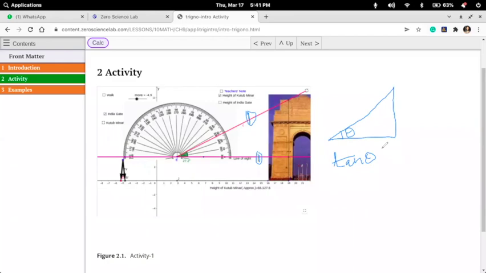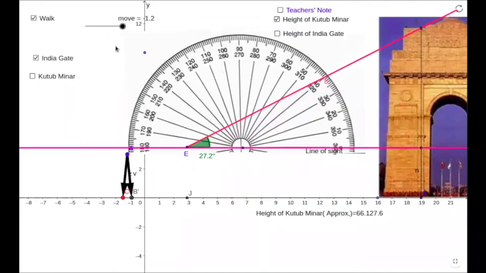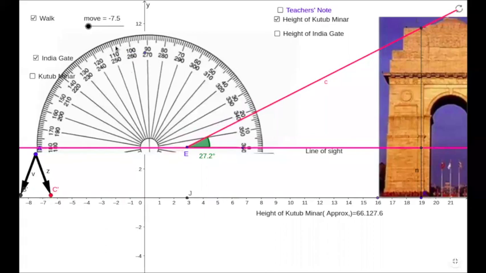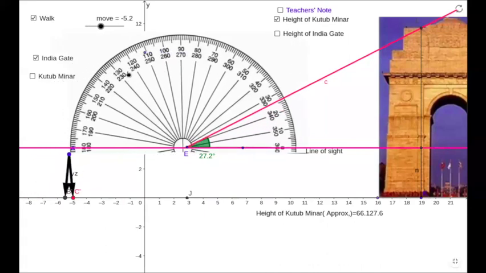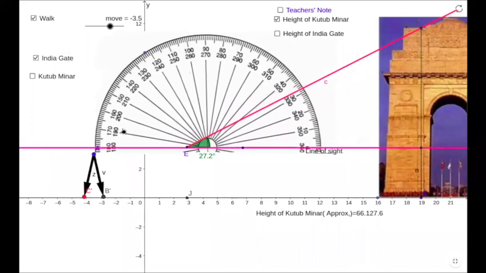Sir, screen share stopped and you're not audible. Why is it asking once again for screen share?